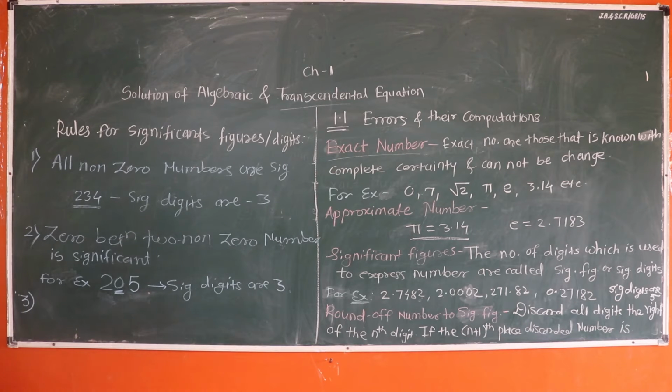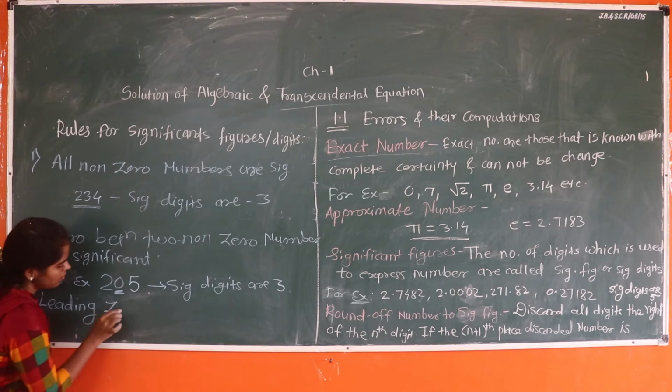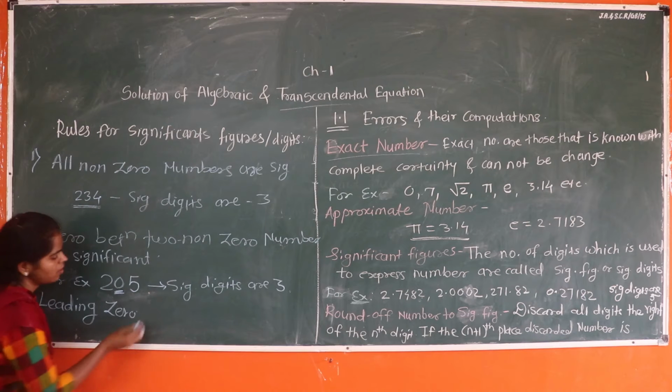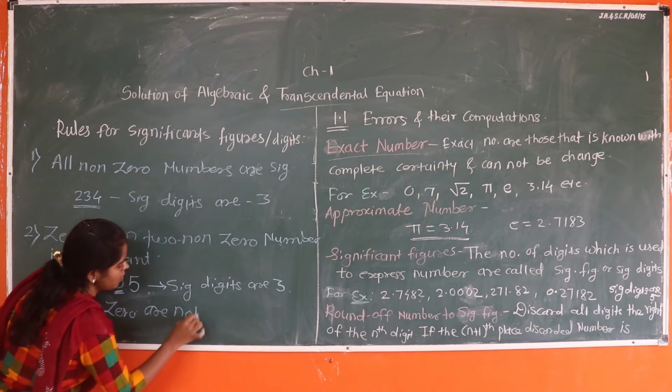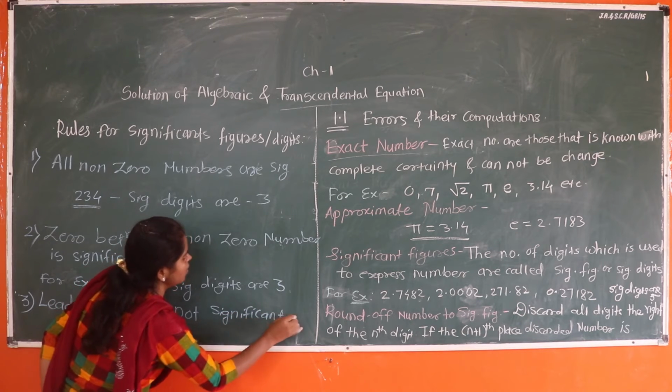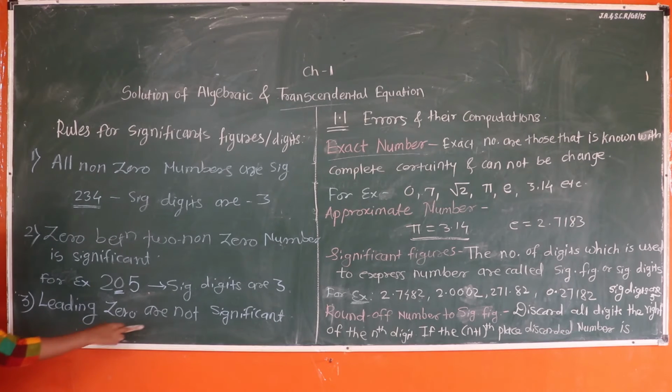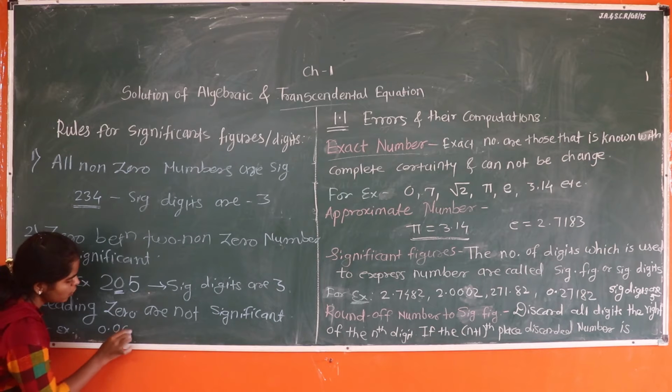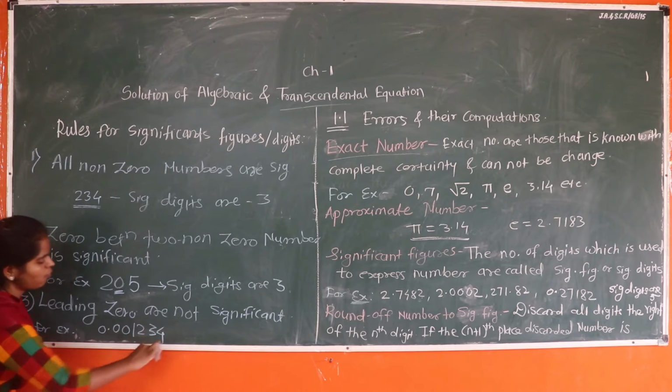Third rule, leading 0s are not significant. Leading 0s are not significant. It means a 0 before a non-zero number. For example, 0.001234.